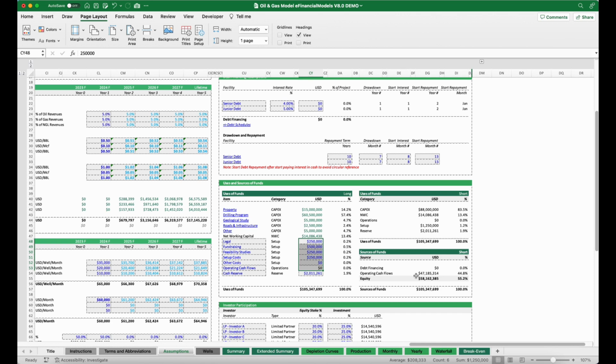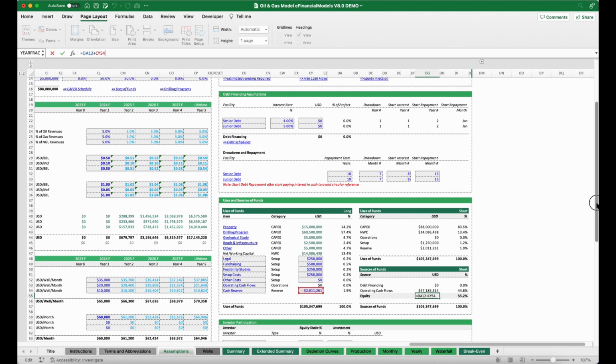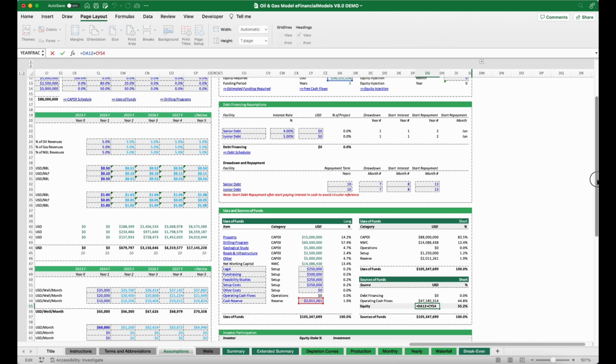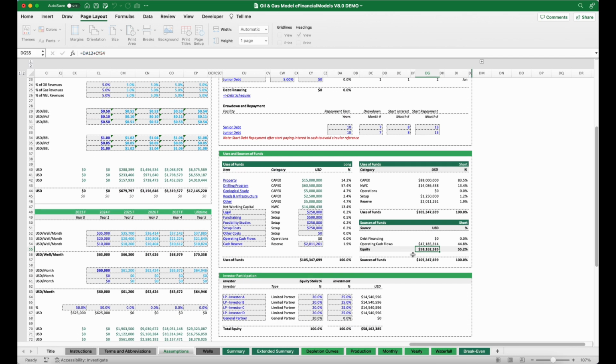And as you can see here on the right side, the model actually calculates, if you follow the track, we say the equity is what we need in terms of minimum funding plus a cash reserve. But we also see that this amount here actually is what the model calculates we can obtain from operating cash flow during the ramp up of the project.